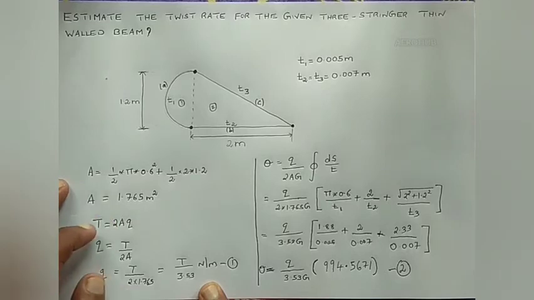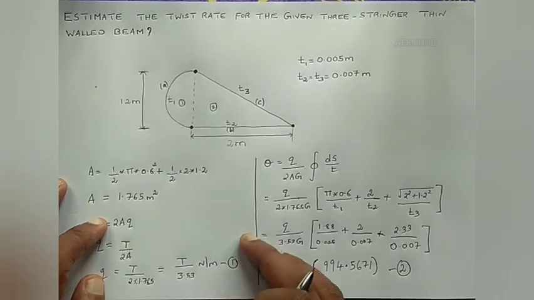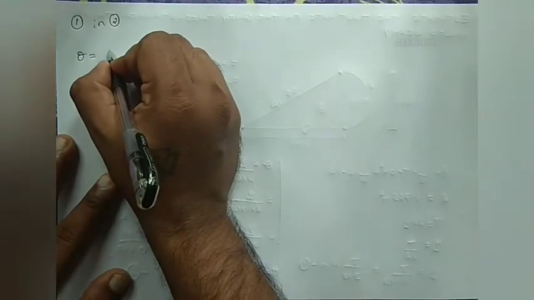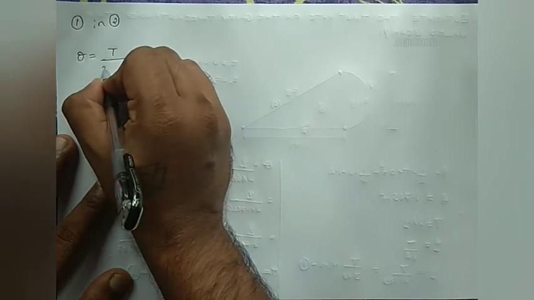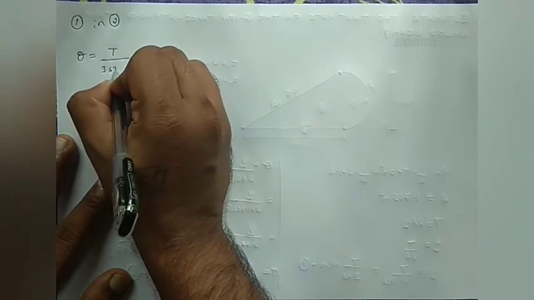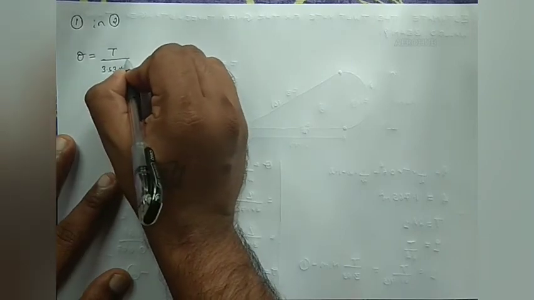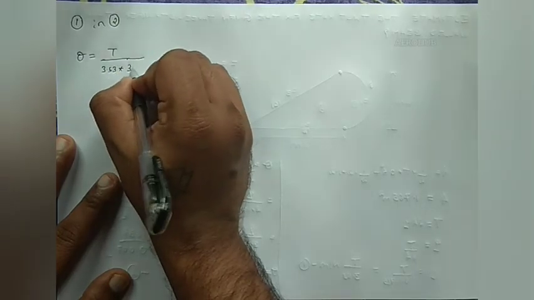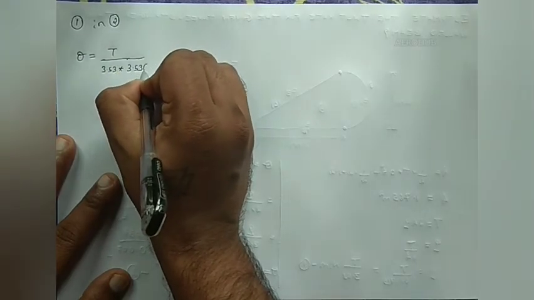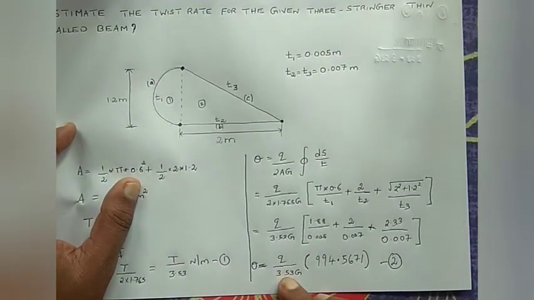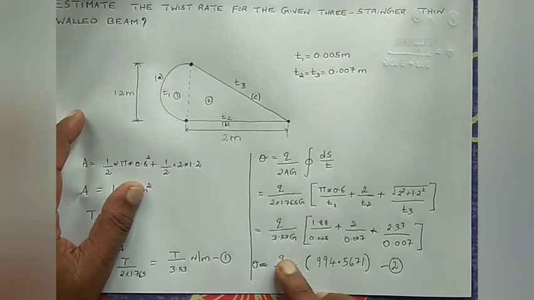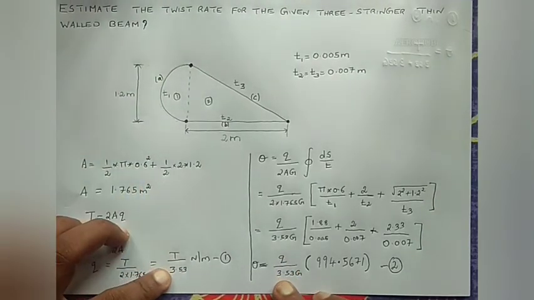So I'll substitute equation number 1 in equation number 2. Q is T by 3.53, and we have a term Q by 3.53 G, so instead of Q I am substituting T by 3.53.